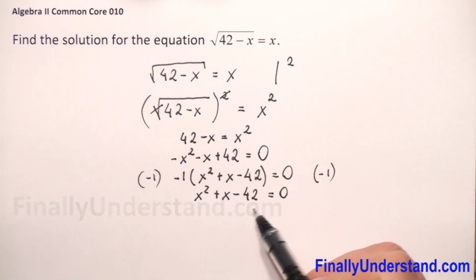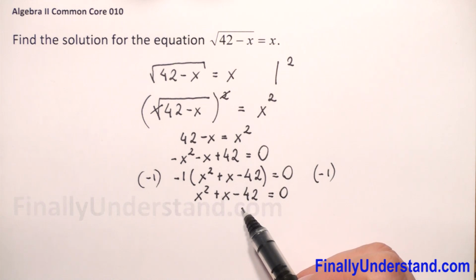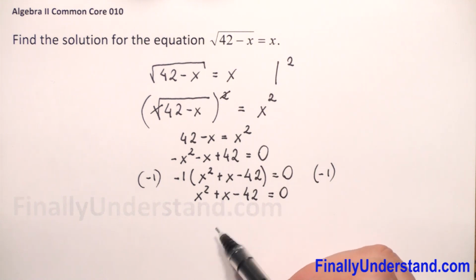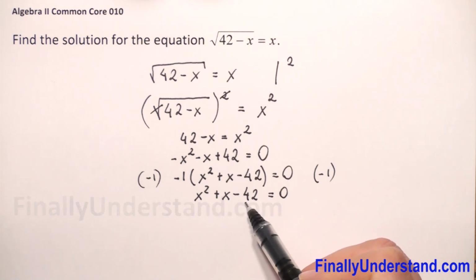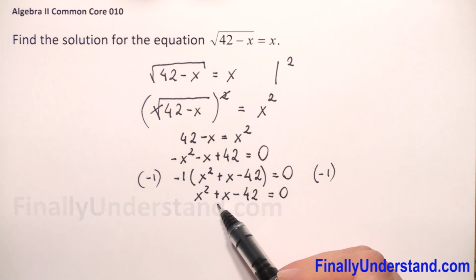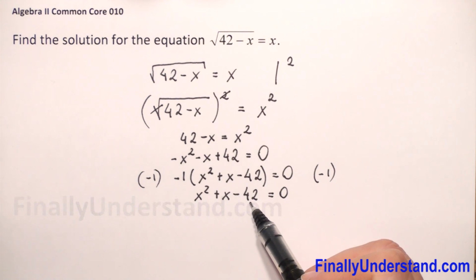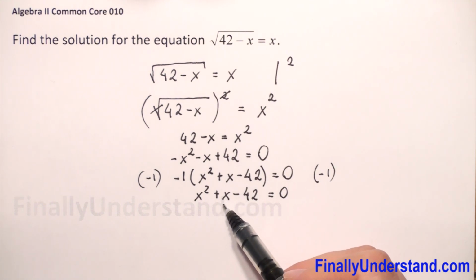Now we have to solve the quadratic equation. First, we always check if we can factorize. The constant number is negative 42. The coefficient before x is 1. So we will check if we can find two numbers which when we multiply, we will have negative 42, and when we add them, we will have the coefficient before x, so 1.